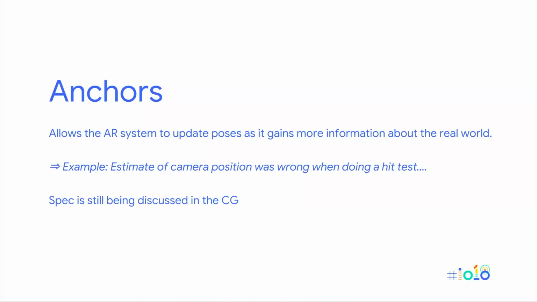So what do I mean by that? What I mean by that is that if you think about the augmented reality system, it doesn't have perfect information. Everything it's getting is from the camera and from sensors and so forth, but it's learning about the real world. As I move the camera around and as it gets more information, it's improving its understanding of the world. But what that means is that sometimes it was wrong previously and it learns that later on. So that's where anchors come in.